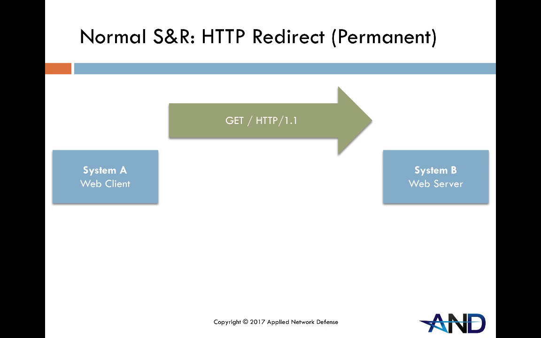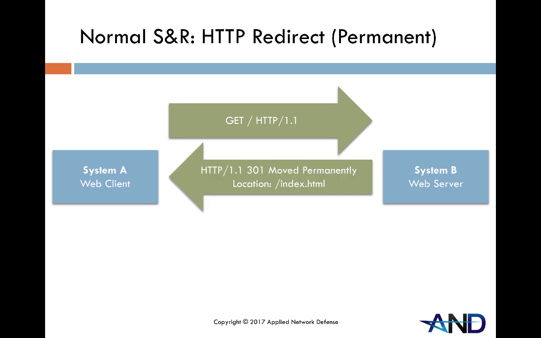So to do that, a specific sequence has to happen, and there are a couple ways. There's a permanent way and a temporary way, and I'll show you both of them. First, we'll talk about the permanent way, and that's going to be done via the 301 status code, which means moved permanently. So the web server will respond with that 301 code and also a specific entry in its location field.